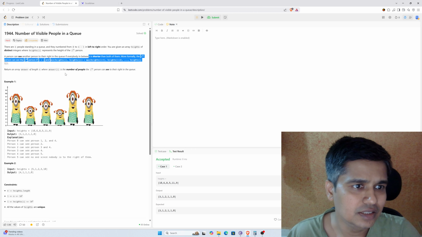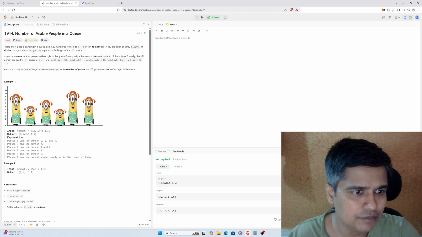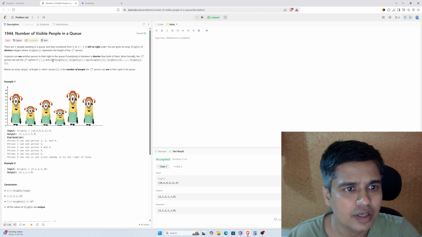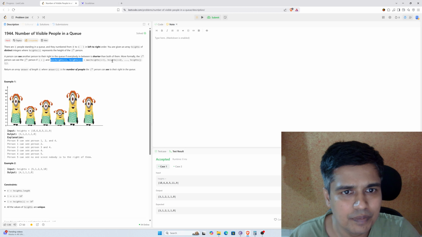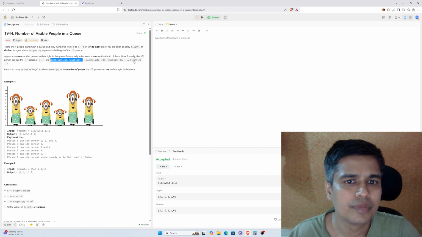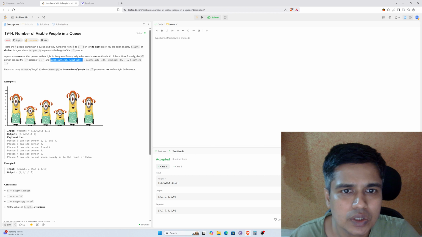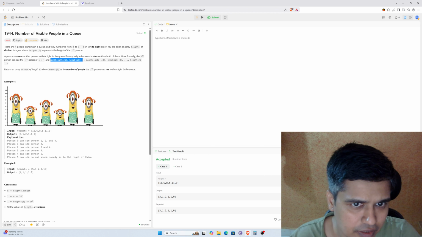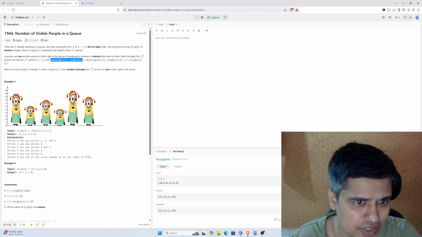More formally, the ith person can see the jth person if i is less than j, and the minimum of heights[i] and heights[j] is greater than the heights of i plus 1, i plus 2, up to j minus 1. This is i plus 1, i plus 2, and this is j minus 1 and this is j.